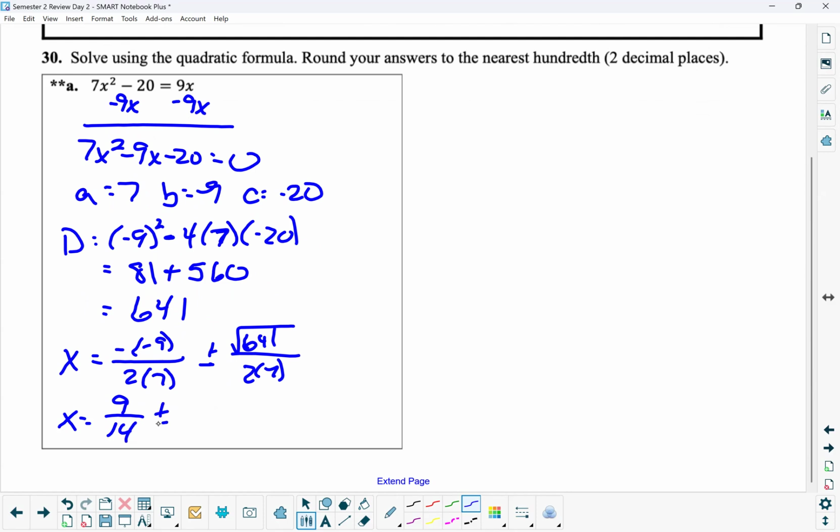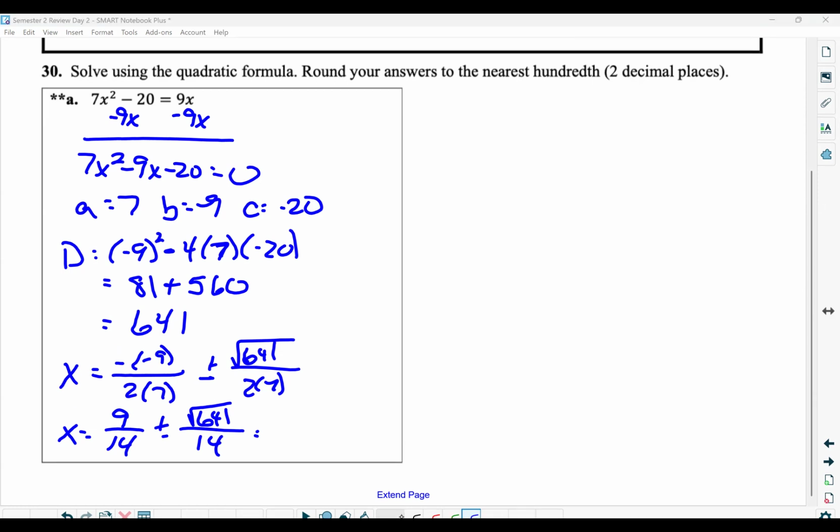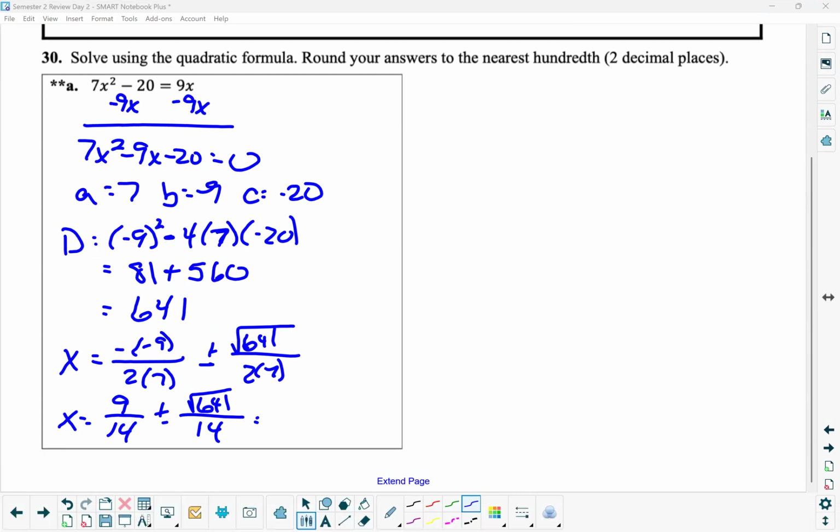Two times 7 is 14. So if I take a look, it's been a while since I used the calculator, so it of course shut down.